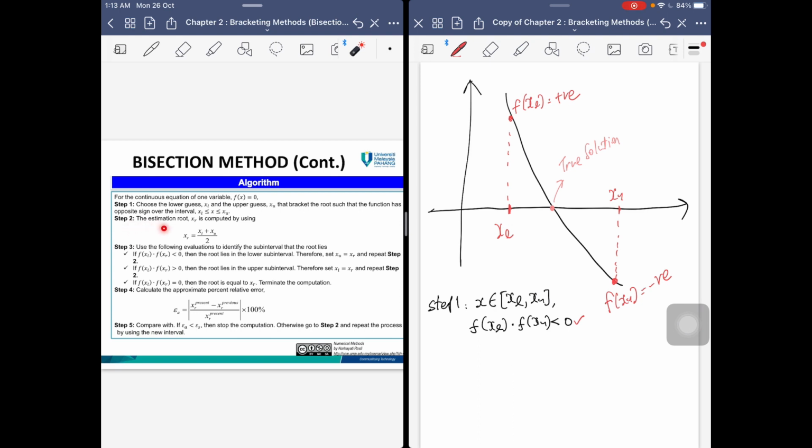We calculate the estimated root, denoted by XR, using this formula. This is the formula for the bisection method: XR equals XL plus XU over 2.